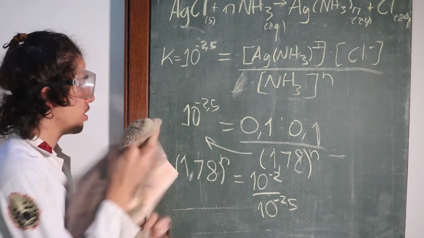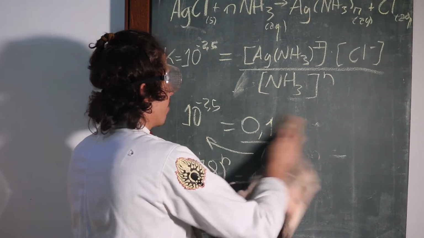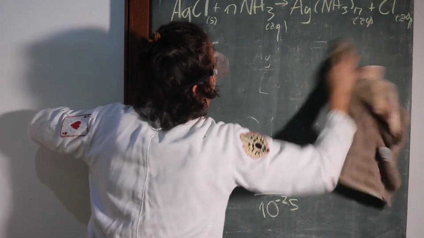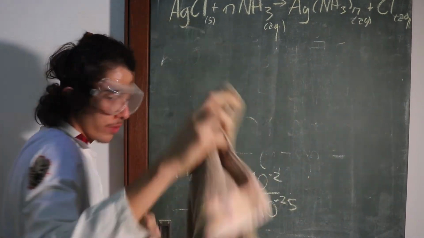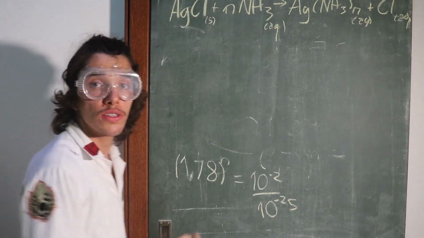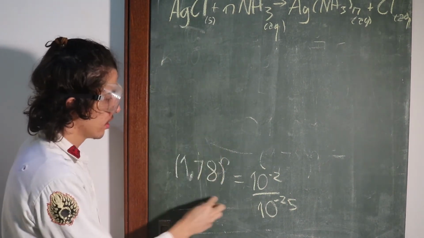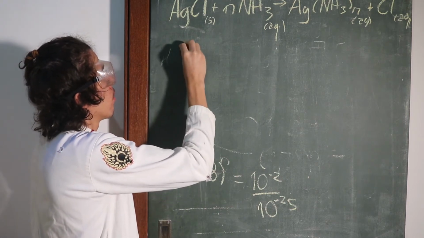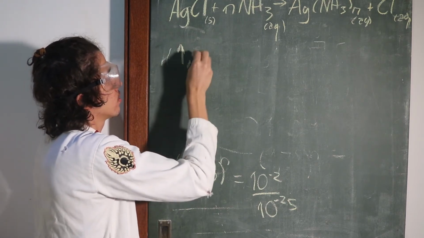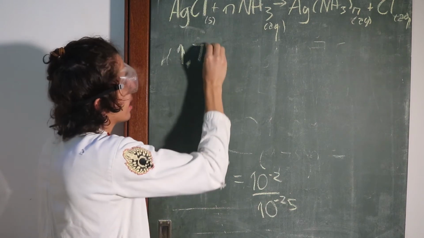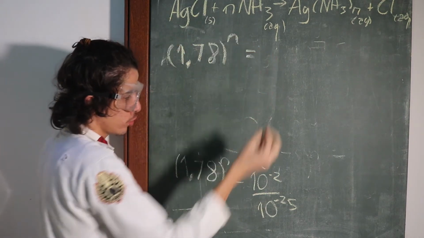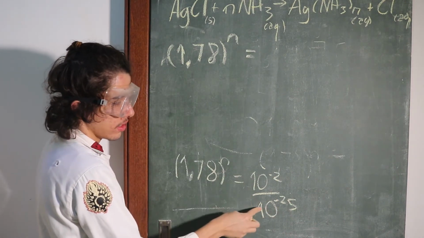Nothing really far away from what we are used to handling in these chemistry problems. So in the end it's going to be 1.78 to the power of n equal to this.